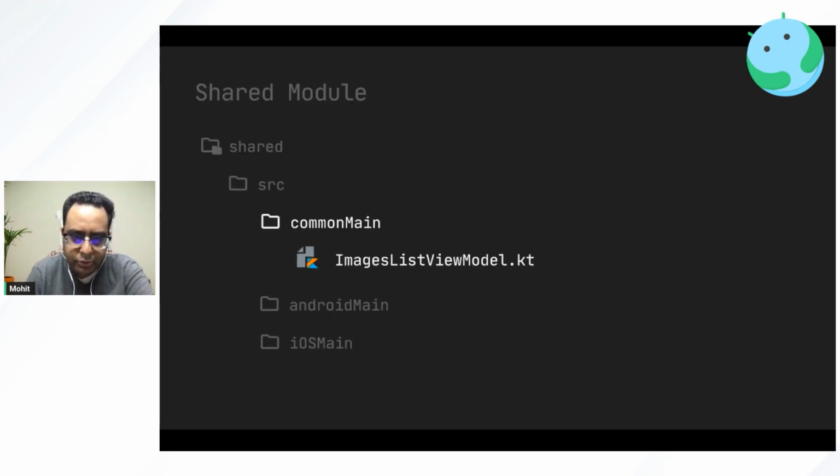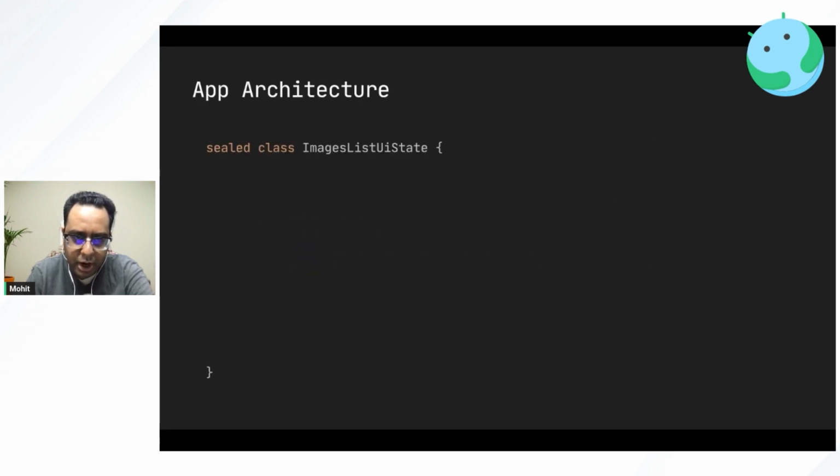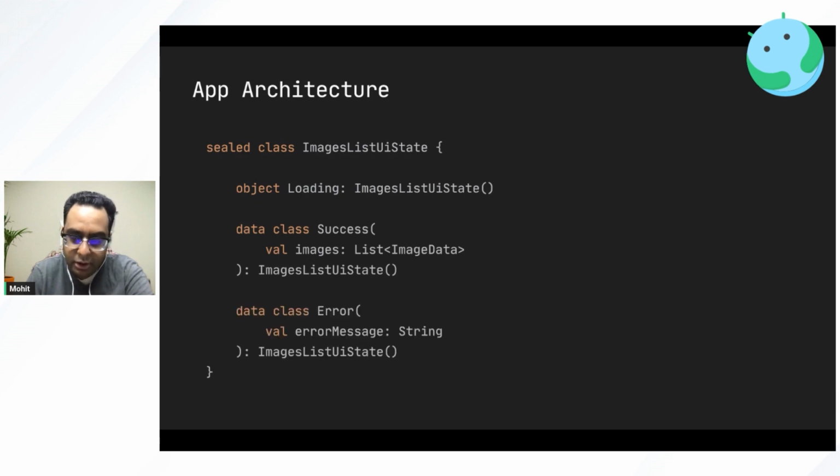I could create a view model in my common folder, where I have some UI state like loading, success, and error, for example. And I'm going to hand this off to my images list composable function to render all these different states.